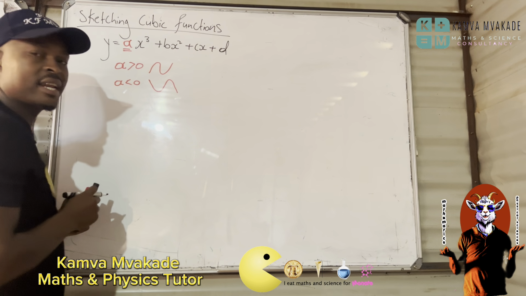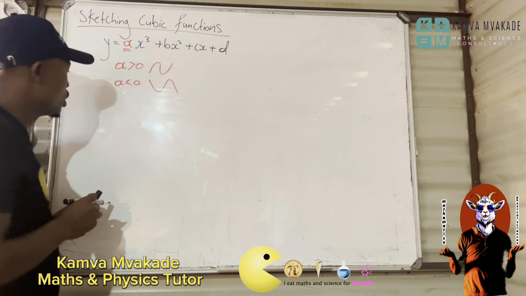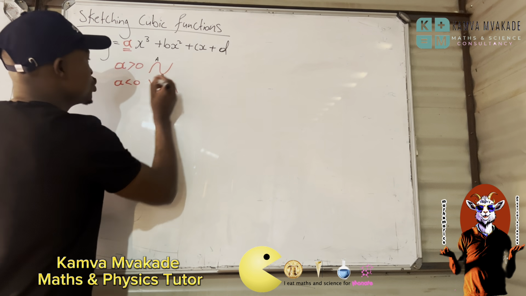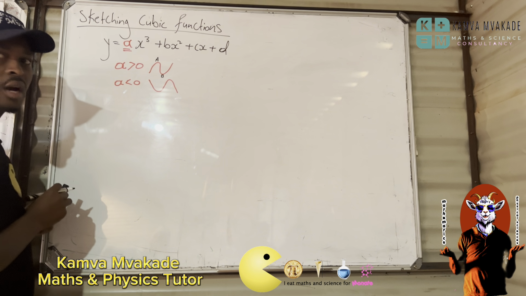Now on our arms, there are two turning points. This is going to be turning point A, and this is going to be turning point B. Are we together?